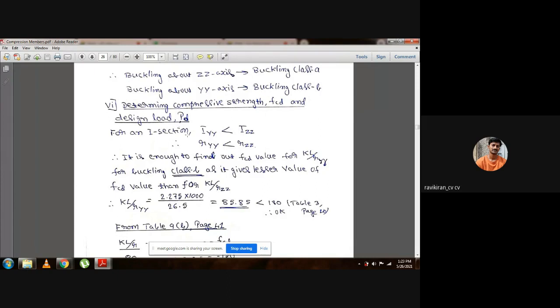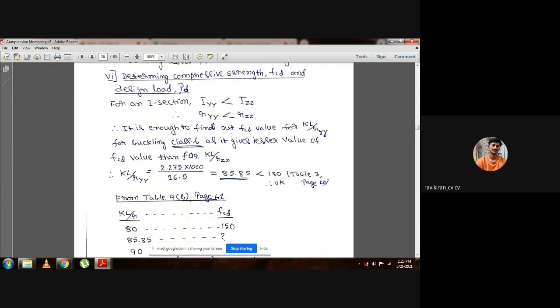For an I section, IYY is less than IZZ. In these terms we have noted earlier also. It is enough to find out FCD value for KL by R YY, because from past experience you might have noted by this time, in the YY axis you are getting lesser value.